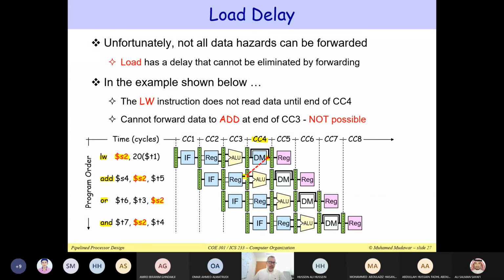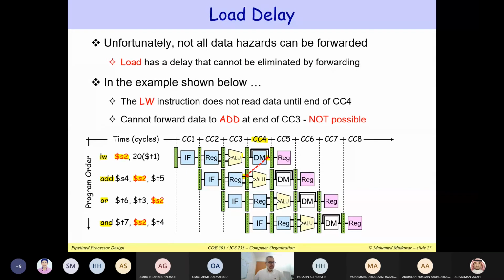The data is not available until the end of clock cycle number 4, but we need it at the end of clock cycle number 3 so that we start executing the instruction during clock cycle number 4. This is not possible because we cannot forward backwards in time. It's unlike when the data is available at the output of the ALU, where we can forward from the output of the ALU back to the input of the ALU.